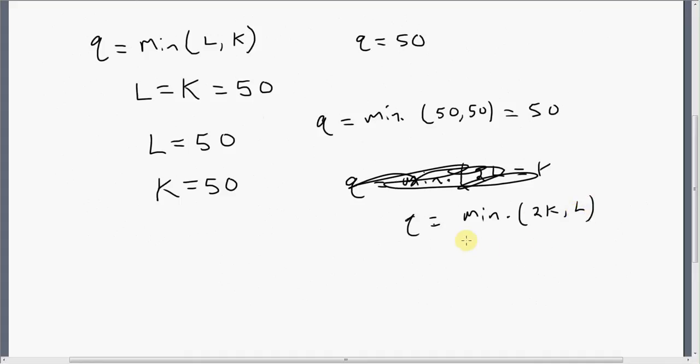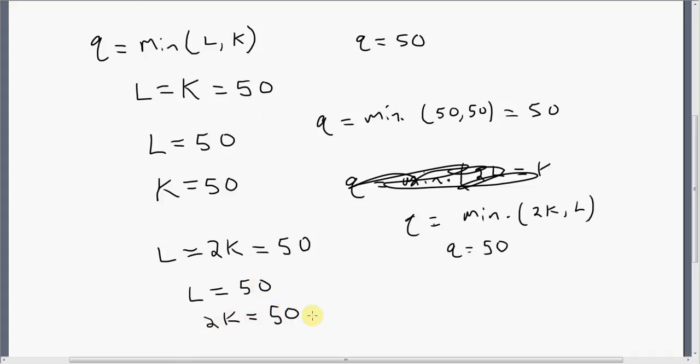Okay, so let's try to find the optimal input mix once again when we're producing 50 units of output. So in this case we're going to take what's in parentheses and set them equal to each other. L equals 2K. You're going to set that equal to 50. So in this case L equals 50, 2K equals 50, or K equals 25.